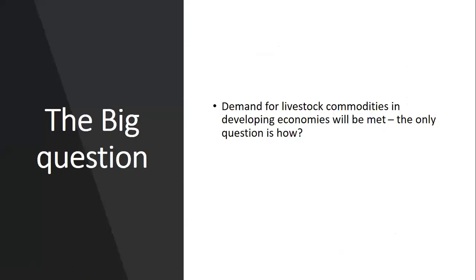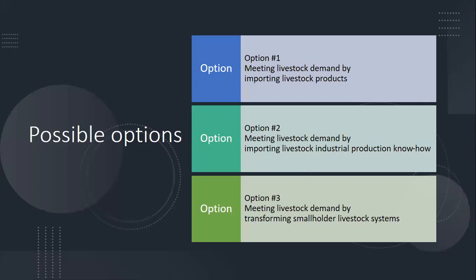So the big question is, will this growing demand for livestock commodities be met? How will we meet this? There are 3 possible options that are proposed to meet the growing demand on livestock products. One is to meet it through importing livestock products from areas where production is higher and more efficient.